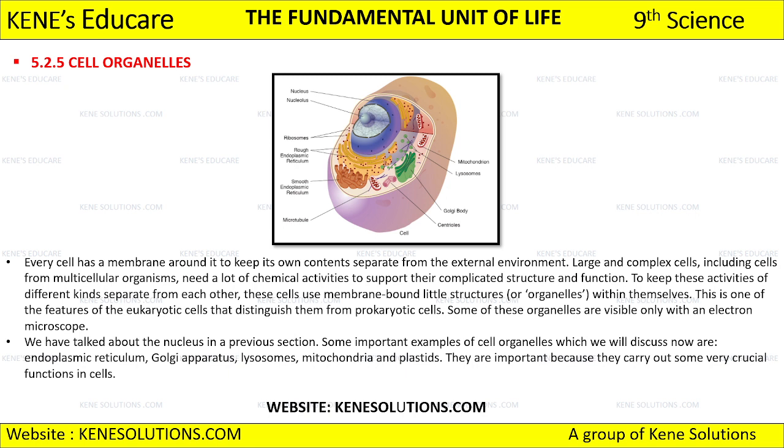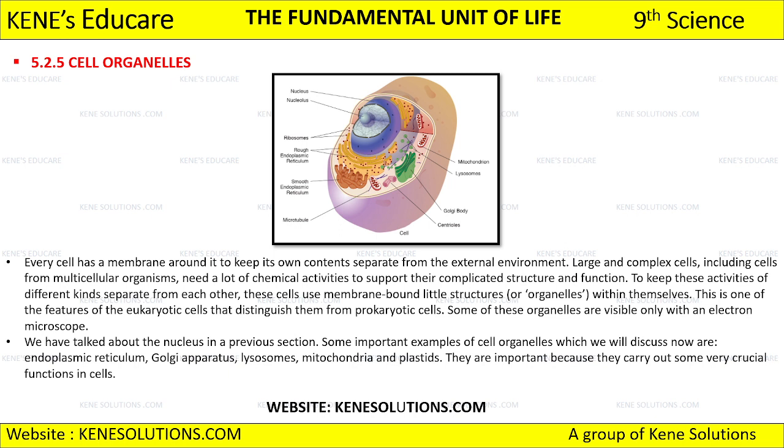So we have talked about the nucleus in the previous session. Now we have some important examples of cell organelles which we will discuss. These important organelles of the cell include the endoplasmic reticulum, then the Golgi apparatus. Always remember, the cell has two types of endoplasmic reticulum, which we will be discussing now.